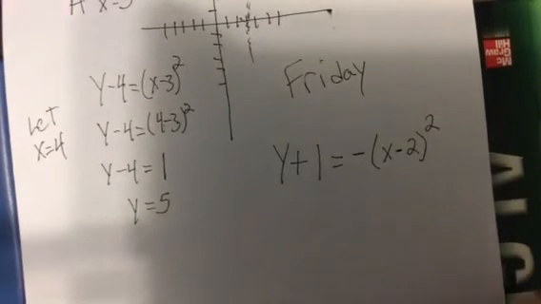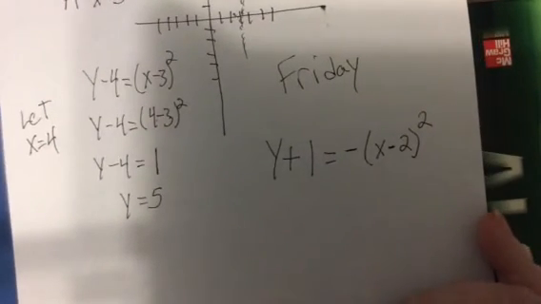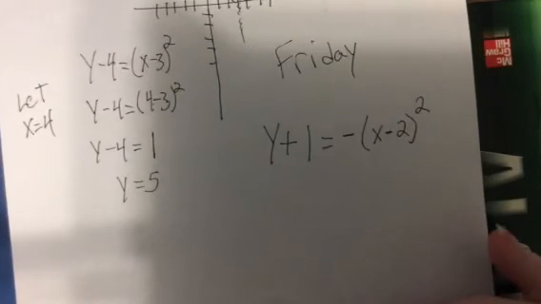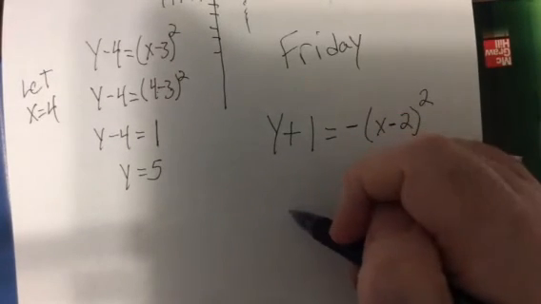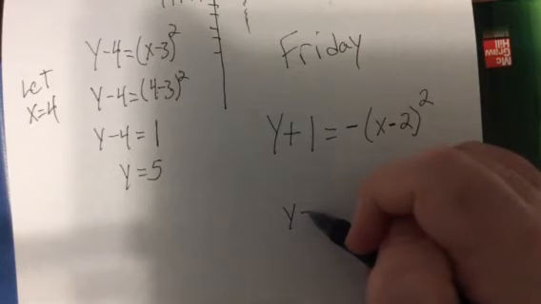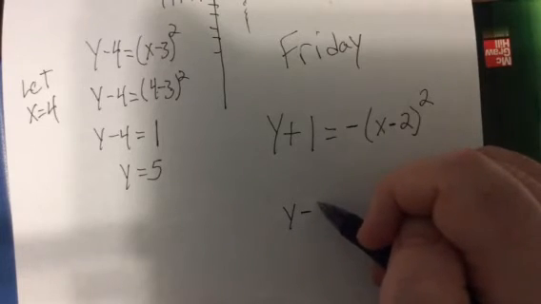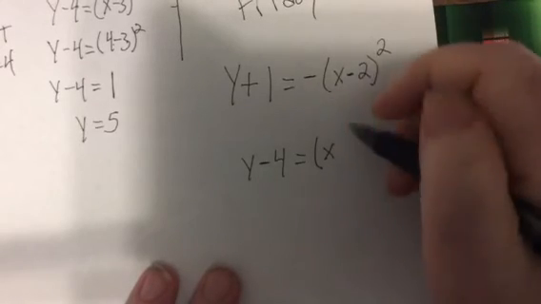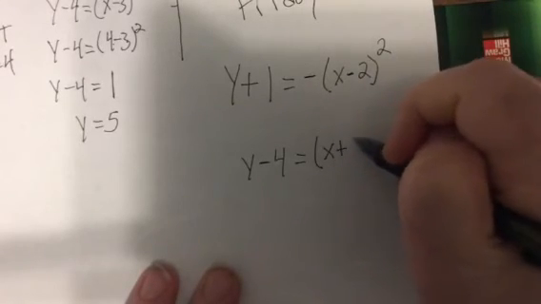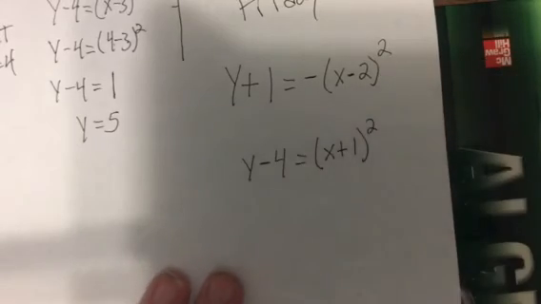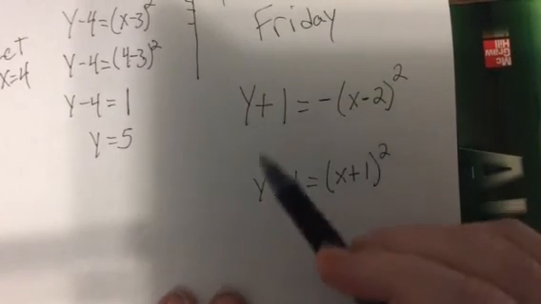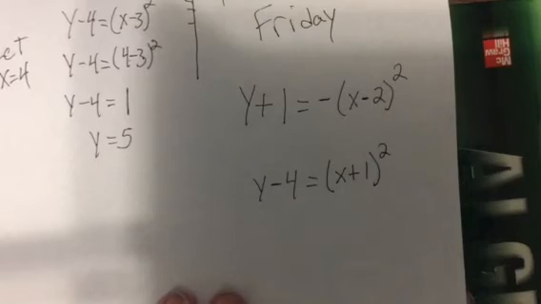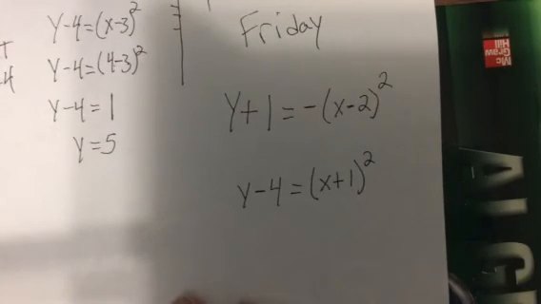Now, if you're having trouble with a specific problem, be happy to email me, and then I'll do another YouTube video, and then you can watch it. So do these two by Friday, graph them, find the vertex, axis of symmetry, x-intercept, y-intercept, and then plug and chug if you have to, which you will.